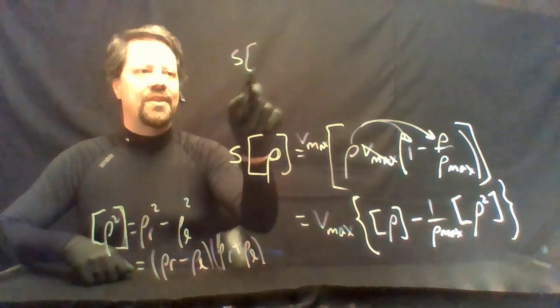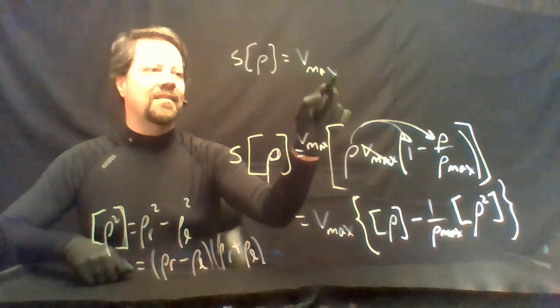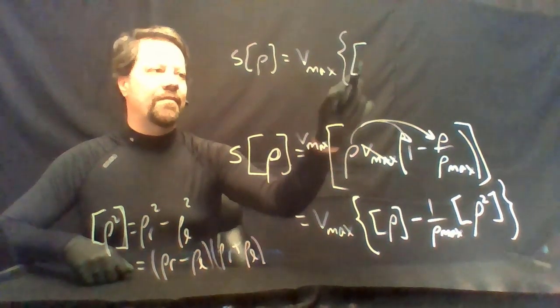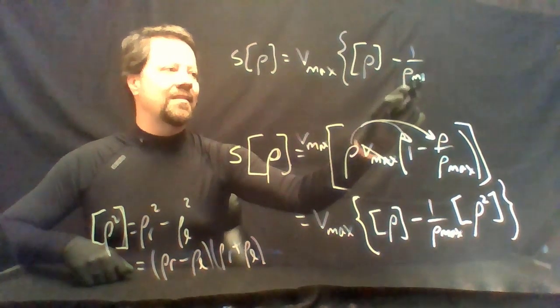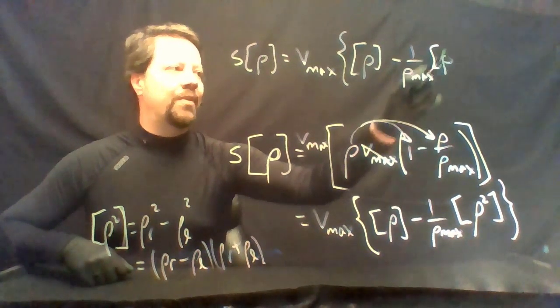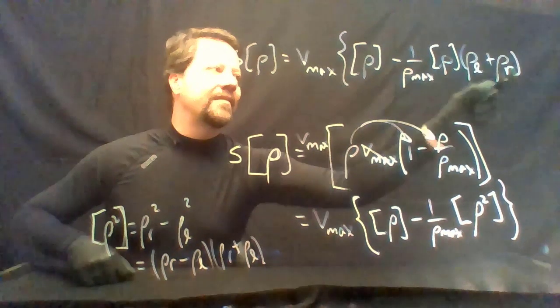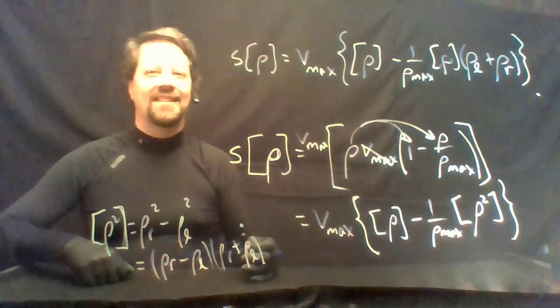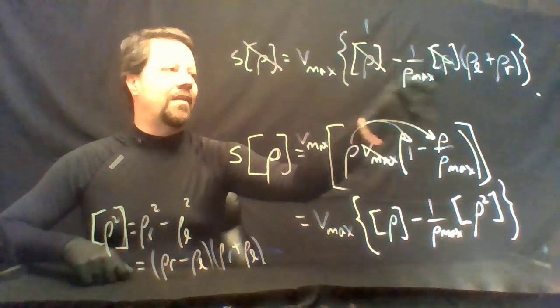We'll have s times the jump in rho equals v max times the quantity involving the jump in rho minus 1 over rho max times a jump in rho times rho left plus rho right. We can now divide the jump in rho off.